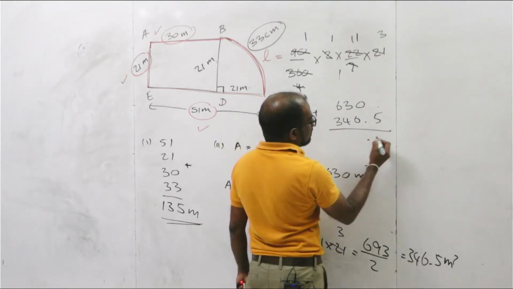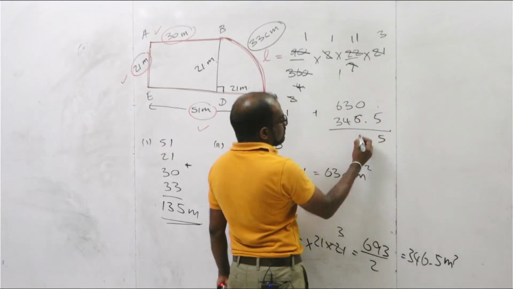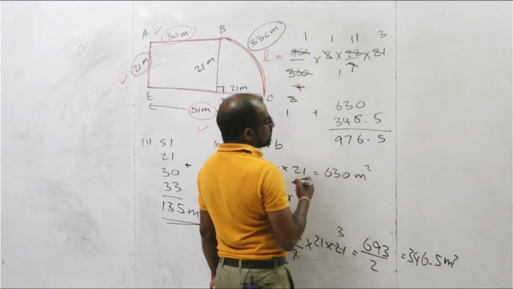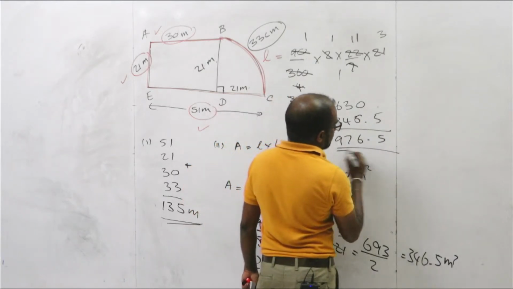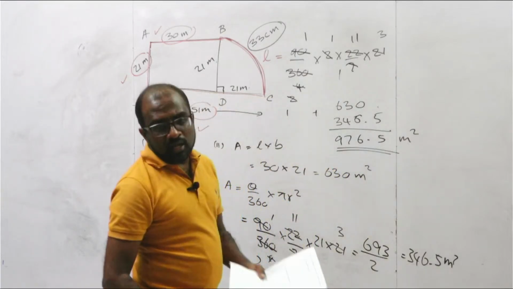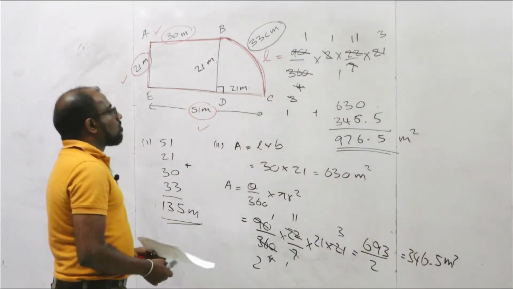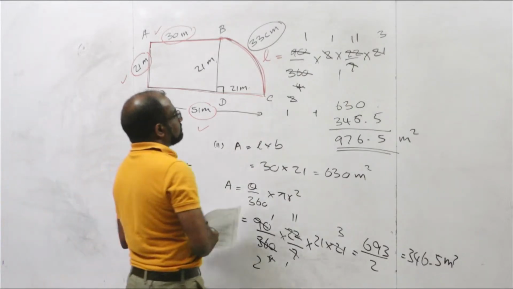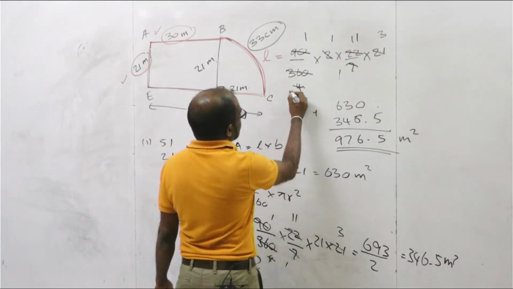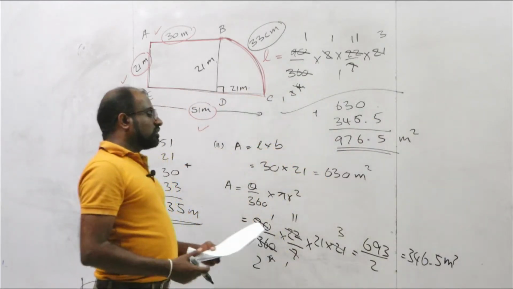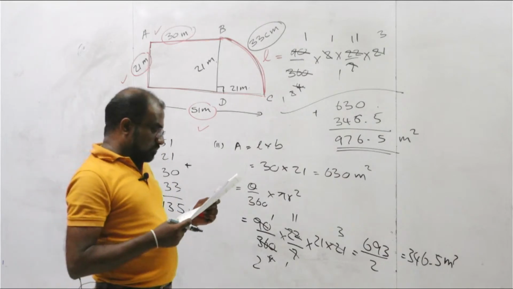What is the answer, children? 0.5, 6 and 4, 10, 3 and 6, 9. 976.5 square meters, the whole area of the garden.